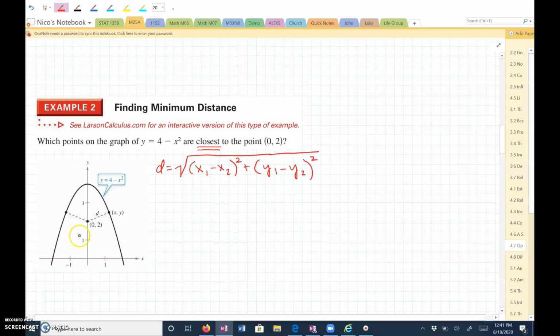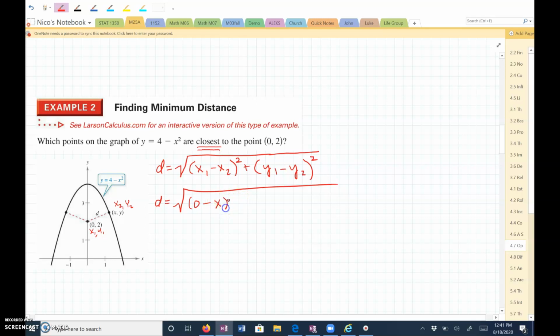Okay, and then for our particular problem, I'll call this x1, y1, and I'll call this x2, y2. You could go the other way, flip these around if you wanted to. So x1 is 0 minus x2, which is x, squared, plus y1 is 2 minus y2, which is y, squared.